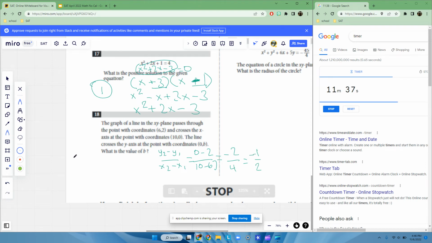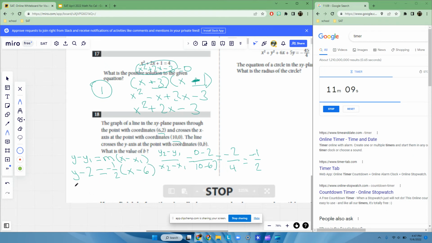So that's our slope. Now we can use the point-slope formula, which is y minus y1 is equal to m, which is the slope, times x minus x1. So the y and x stay the same. You can take any point and substitute it. Let's say I use 6, 2, so y minus 2 is equal to negative half times x minus 6.